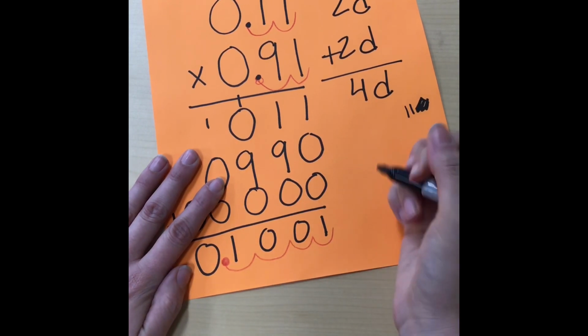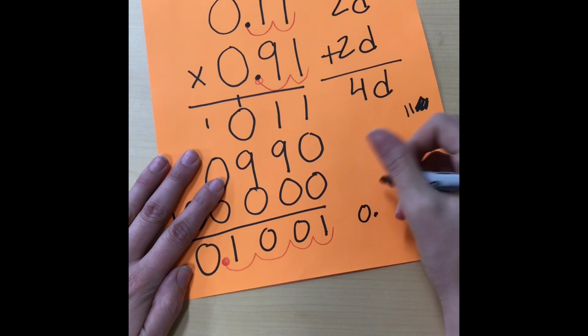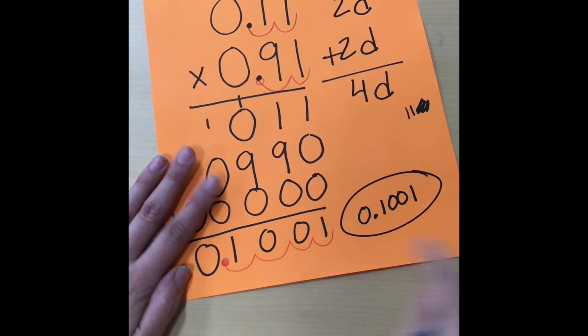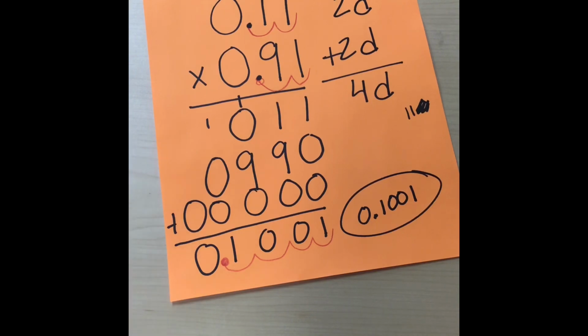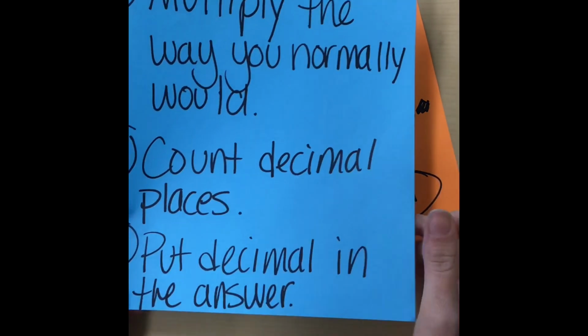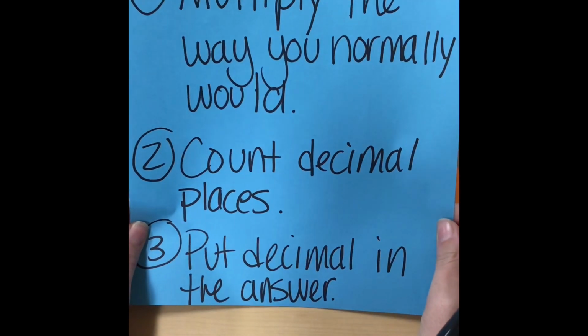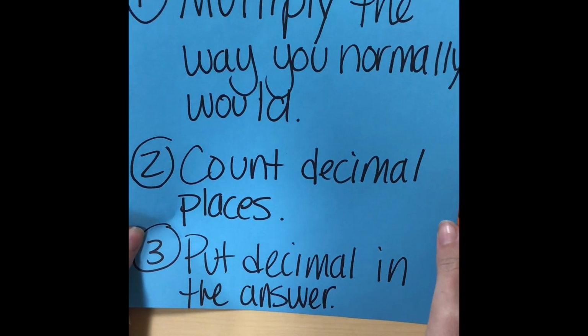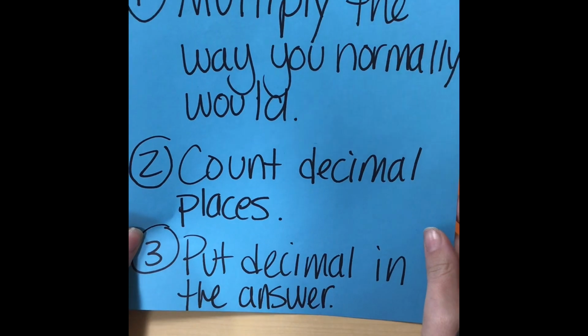So my answer is actually 0.1001, like that. Okay, so as you can see, we multiplied the way we normally would, then we counted the decimal places, and at the very end, we put the decimal into the answer.